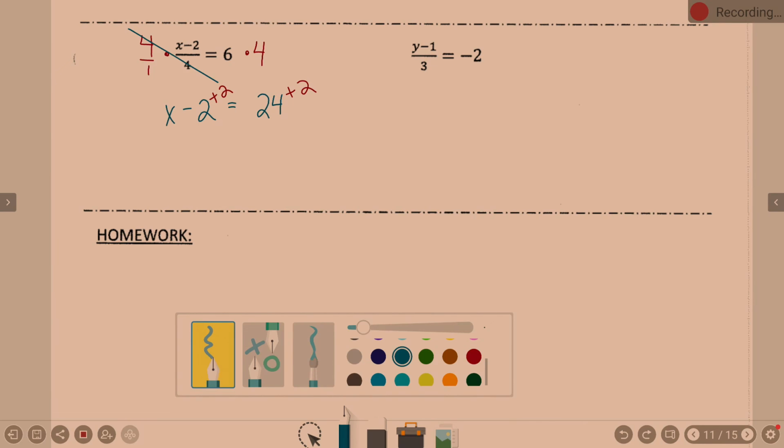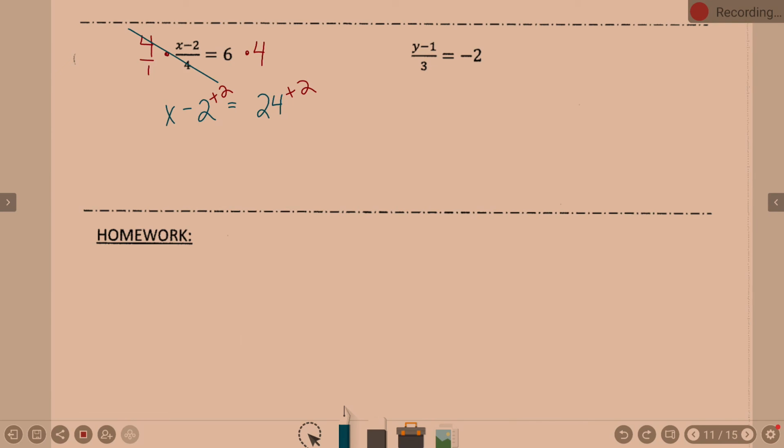Minus 2 plus 2, those 2s cancel, right? x equals 26. Okay, I looked at that completely wrong.